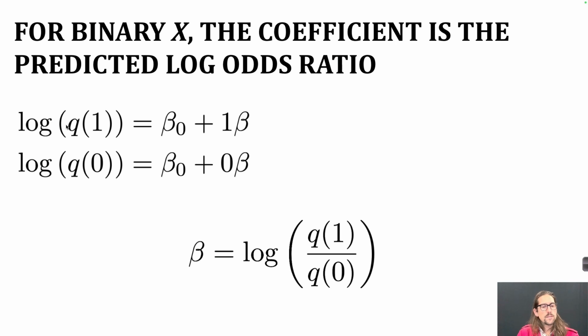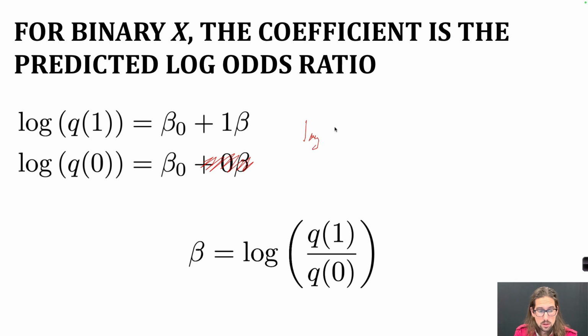So the log odds evaluated at x equals 1, here I've written q1. What happens here, I just get beta 0 plus 1 times beta. And for q0, I just have beta 0 plus 0 times beta. So if I solve for beta here, obviously this term is gone. So let's just take the difference of these two.